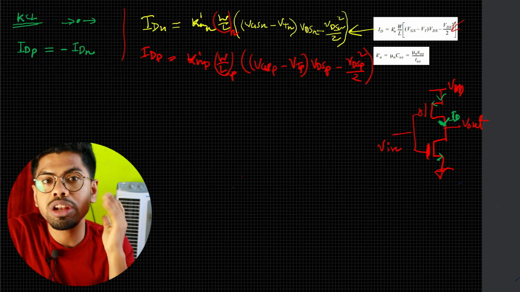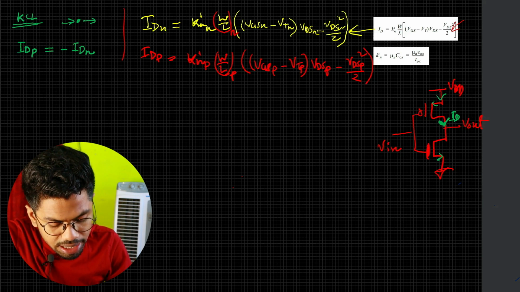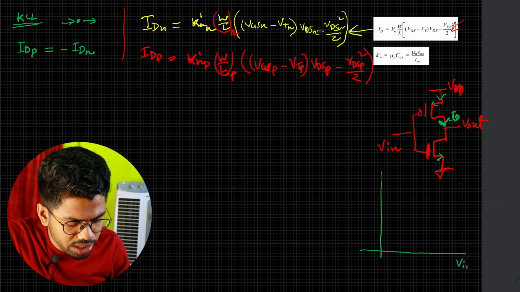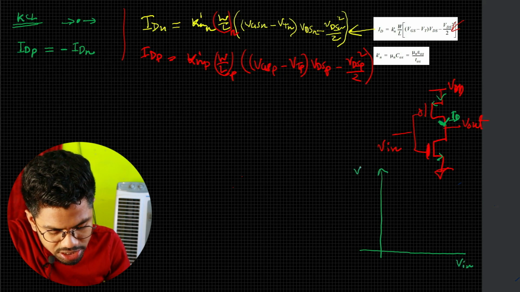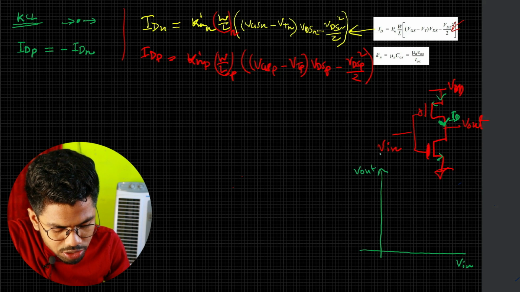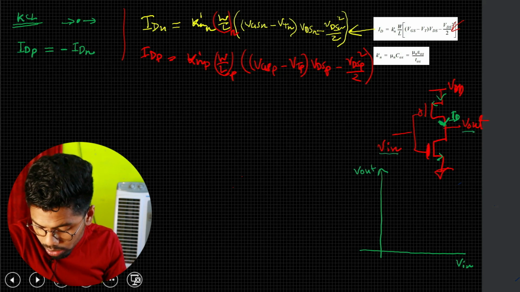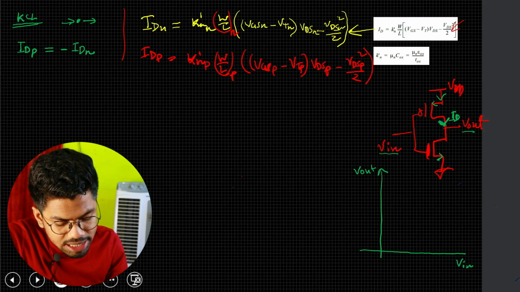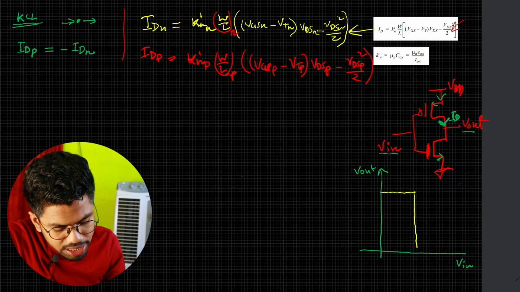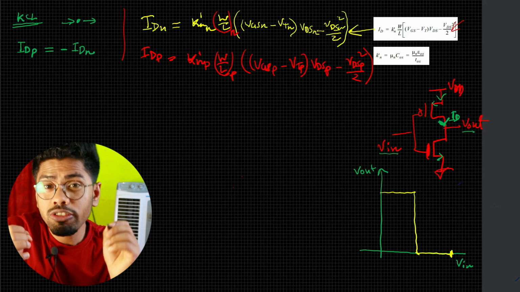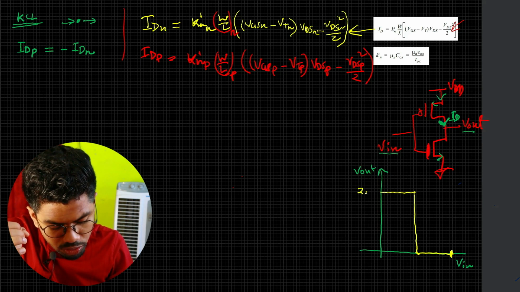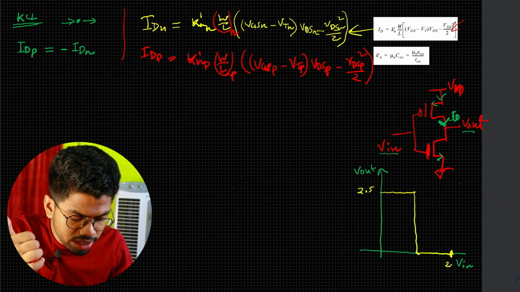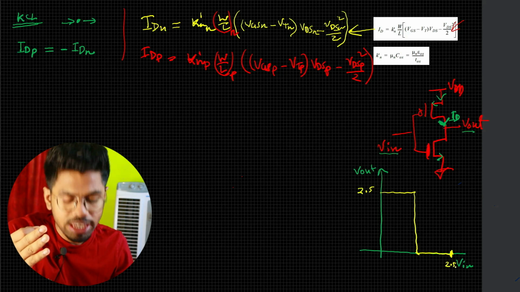After that, what we are going to do is see the VTC of our inverter. If this is your V in and this is your V out, then how should the voltage transfer characteristic look like? As an ideal it should look like this. If your VDD or the maximum possible voltage is 2.5 volt, then we can also give up to 2.5 volt at V in.